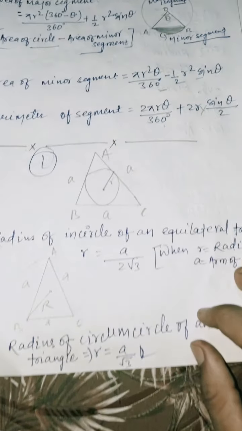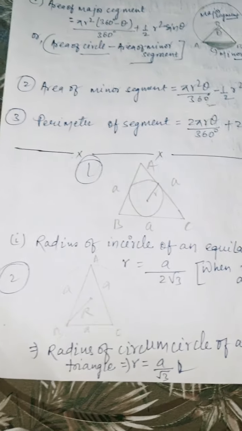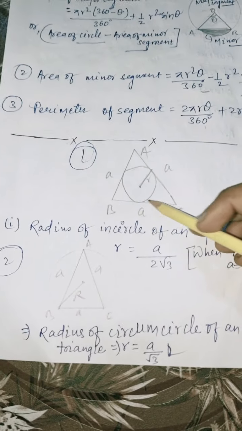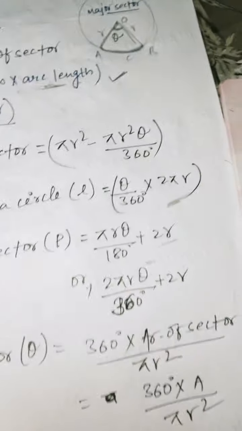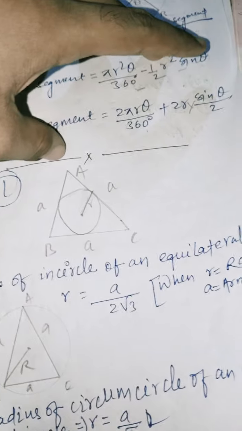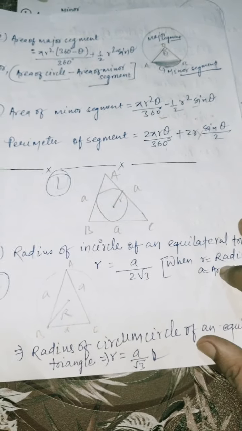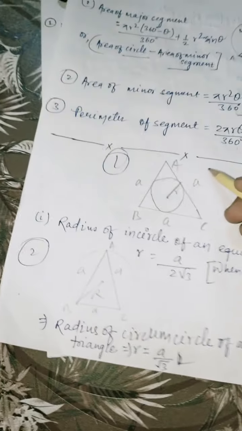Now a very important thing which is generally asked in the examination: when a circle is inscribed inside an equilateral triangle, that means if we have to find the radius of the incircle, the formula applicable here will be r equal to a by 2 root 3, where a is the side of the equilateral triangle.